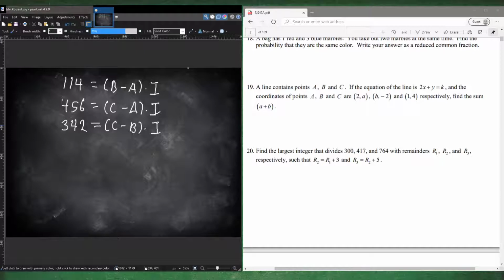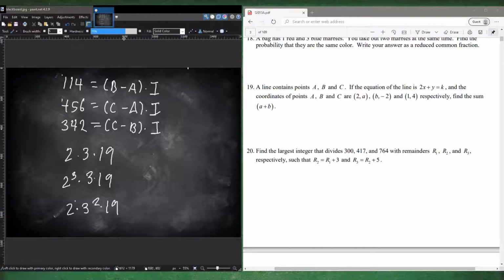So factor 114, and that gets 2 times 3 times 19. Factor 456, which is 2 to the power of 3 times 3 times 19. And then we factor 342, which gets 2 times 3 squared times 19.